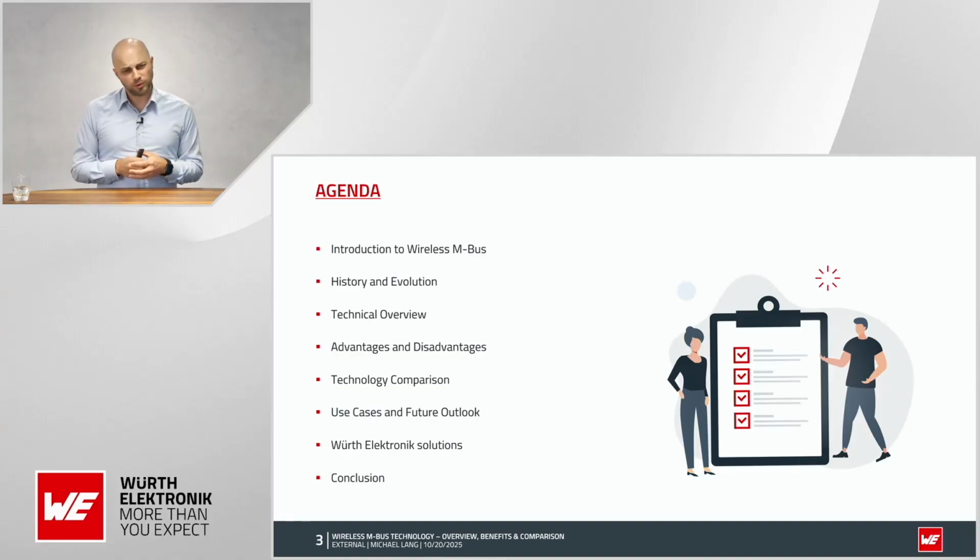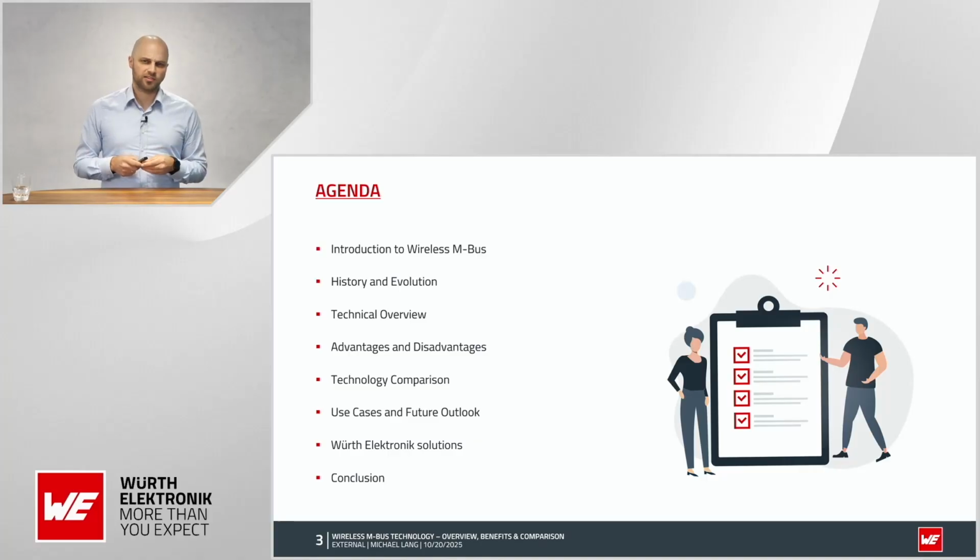About the points we want to have a look at today. First, an introduction to wireless M-Bus. What is it at all? History and evolution, a technical overview and a comparison, advantages and disadvantages, technology-based comparison, a few use cases and a future outlook, where could it be used in the future, and also what electronic solutions we have in this field of wireless M-Bus.